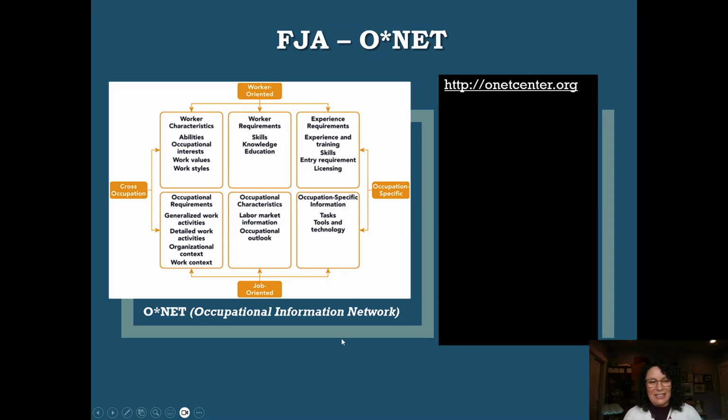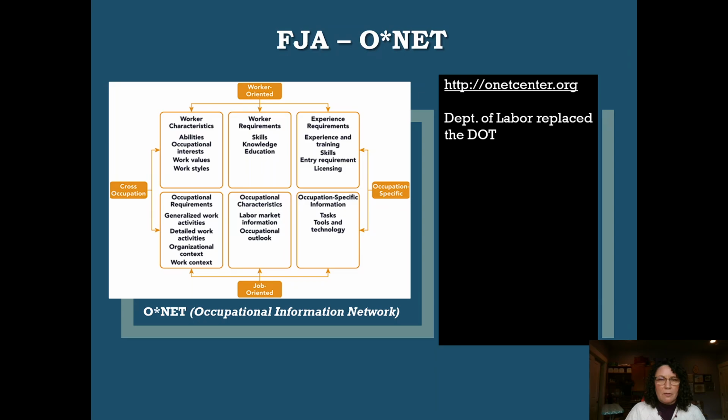Luckily, ONET came along, and ONET is short for the Occupational Information Network. And I gave you the hyperlink in case you're interested. It's kind of illuminating to look at what's available because we don't know all the jobs that exist off the top of our heads. Functional Job Analysis also produced ONET, but with a mind towards compiling as many of these similar jobs into one category.